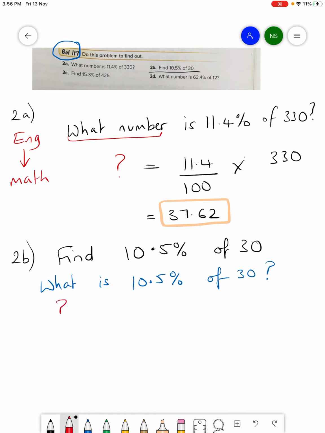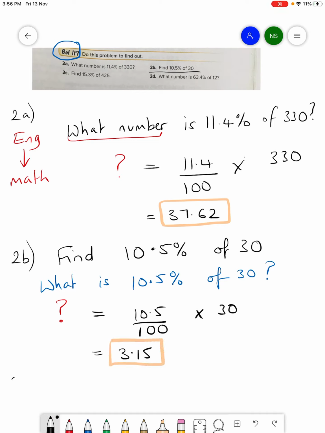So I can put what is my question, is 10.5% of 30. If the question says find, another way of writing that is what. Put that into your calculator and you should get 3.15. So that's the answer to B.